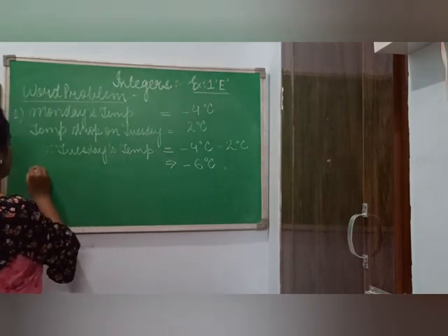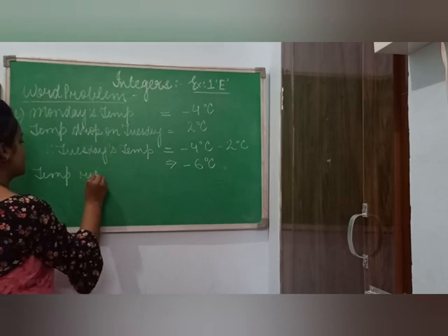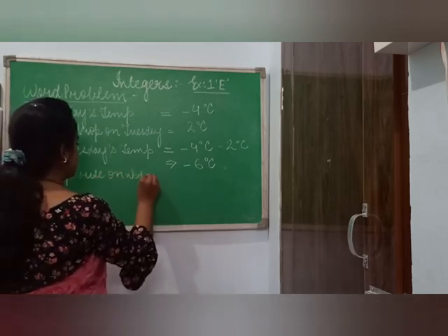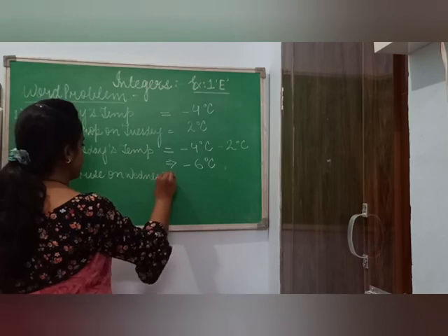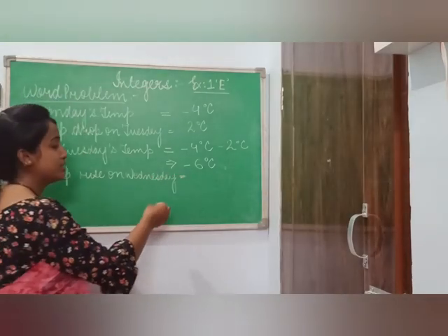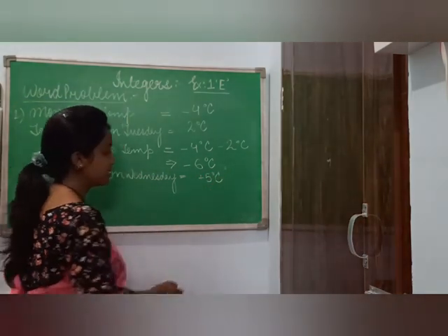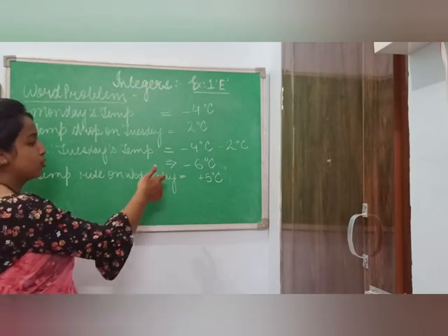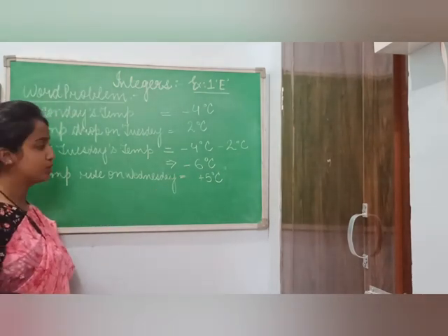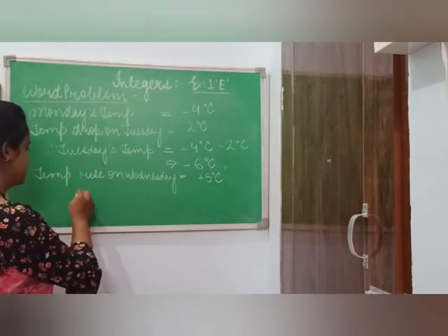Now, the temperature rise on Wednesday. The question says the temperature is raised by plus 5 degrees centigrade on Wednesday. So whatever temperature we had on Tuesday, that temperature is increasing by 5 degrees centigrade.